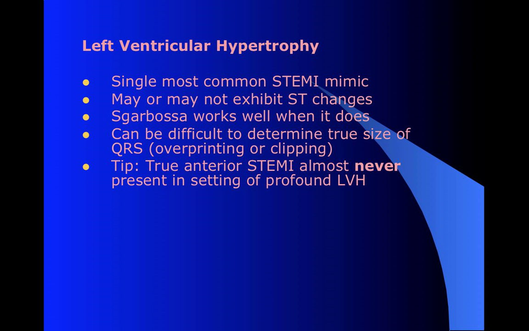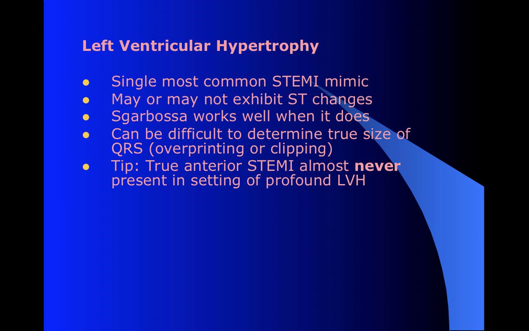And what I mean is, you print the 12 lead, you say, wow, we've got huge voltages in the anterior leads. Look at that deep plunging S wave, 5, 6 large blocks, very big voltages in V2, V3, V4. Is there also a STEMI? The answer is probably no.